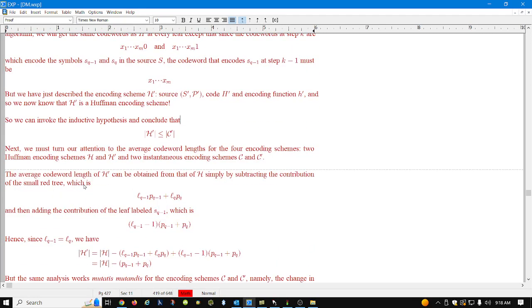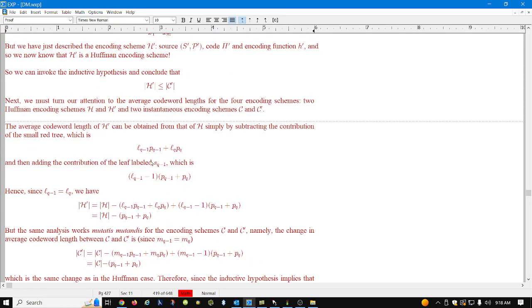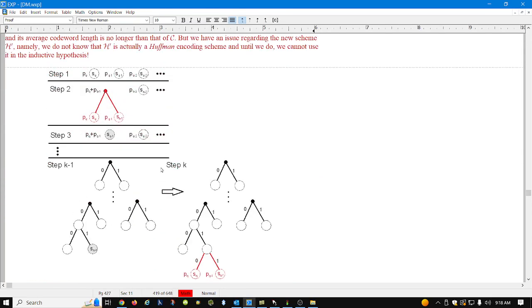So the small red tree's contribution is the length times the probability for S_{q-1} plus the length times the probability for S_q. And remember, these 2 lengths are the same, but I left it this way for clarity. And then we add the contribution of the leaf labeled S_{q-1} over here.